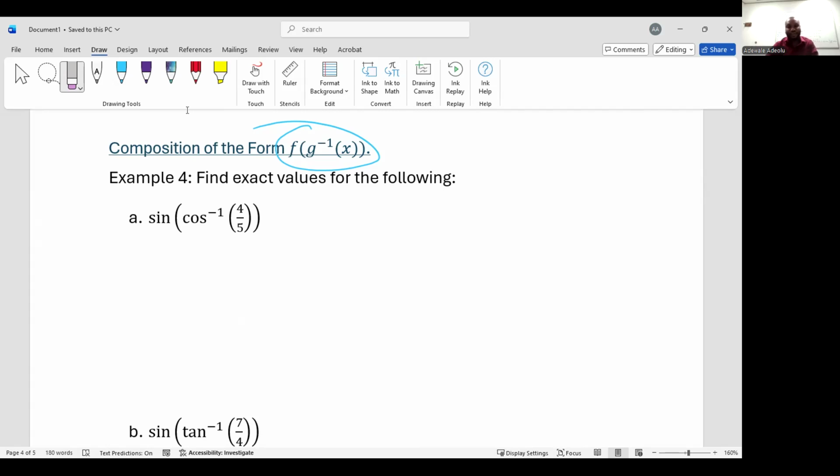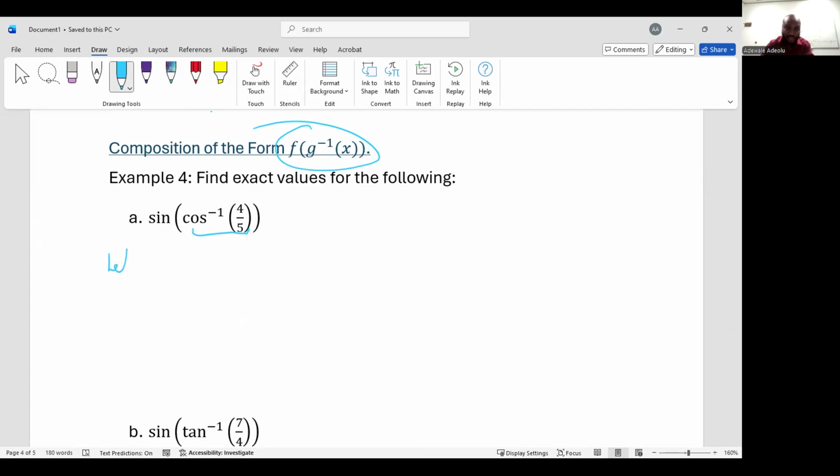So when we have something like this, how do we go about a situation like this? The unit circle will not help me because 4 over 5 is not part of the special ratios I have on the unit circle. Again, we go to the inside.